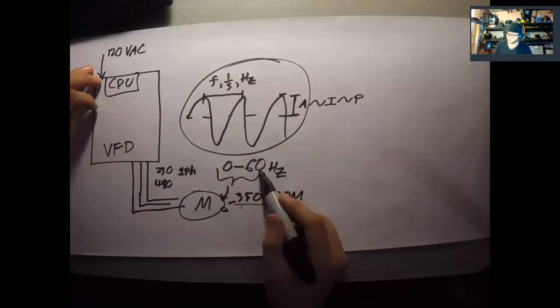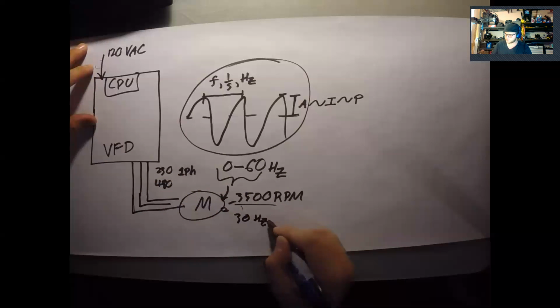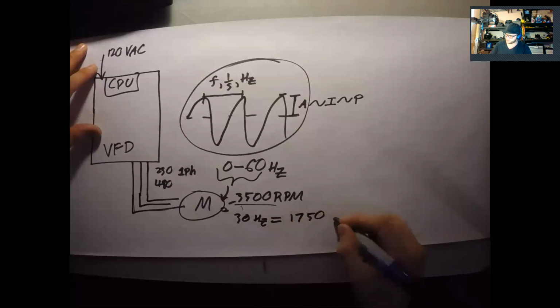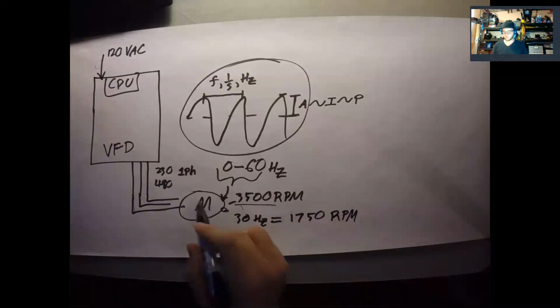And if you set your output to 30 hertz, that should equal 1,750 RPM.